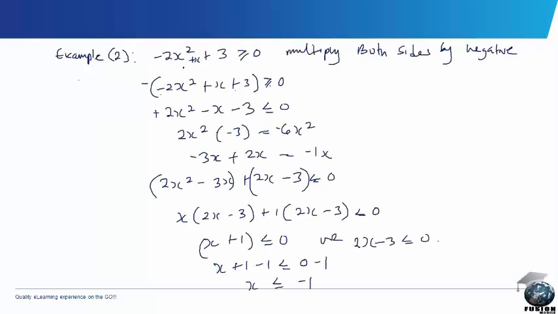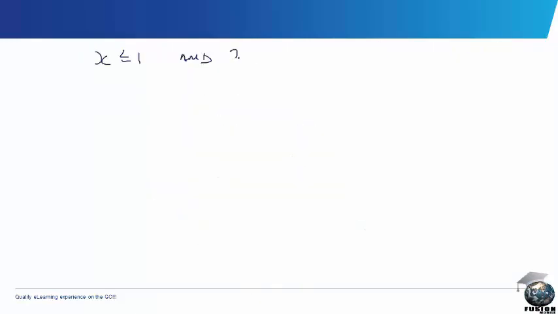Alright, so from x is less than or equal to -1, and from the other side we have 2x minus 3 less than or equal to 0.